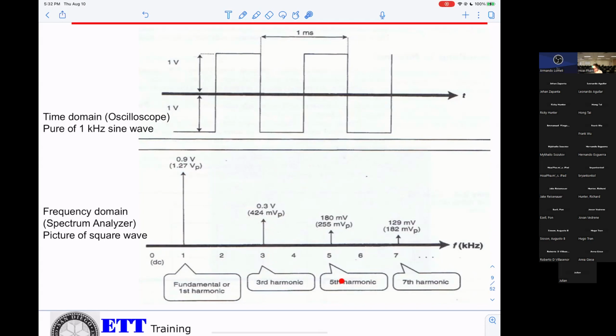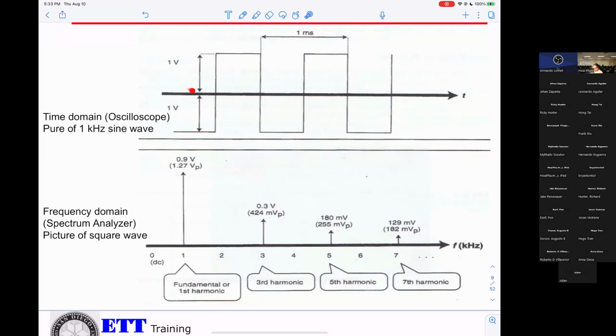Fifth harmonic, you get 255 millivolts peak at 5 kilohertz. 7 kilohertz, you get 182 millivolts peak. Okay, so you can see the two are different.